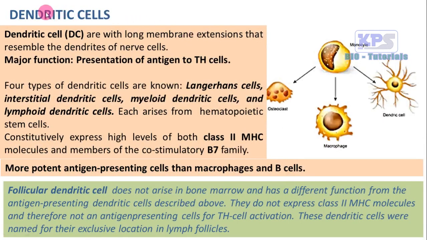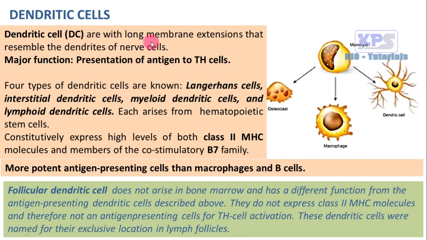Now the last cell we have to discuss is the dendritic cells. The term dendritic cell is derived from the term dendron, because they look like dendrons and dendrites of the neuron, as they have branched extensions of their cell membranes.